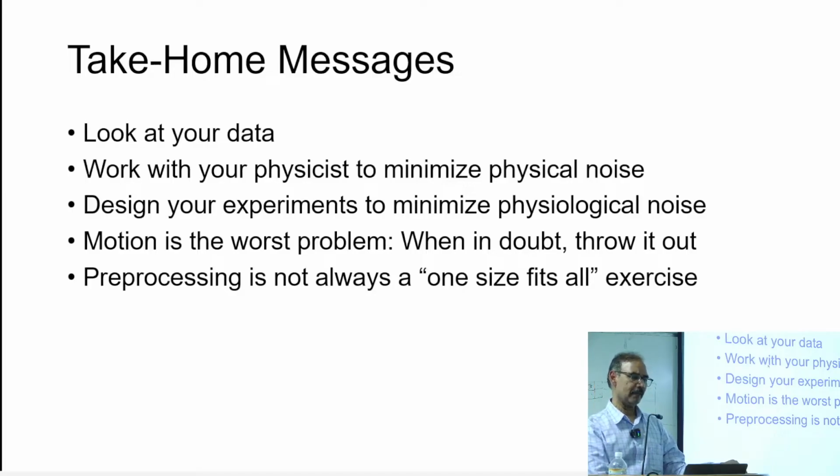Also, if you have a physicist, that's great, to minimize physical noise, right? You can set up your parameters which will allow you to minimize the noise. Then design your experiments to minimize physiological noise, right?